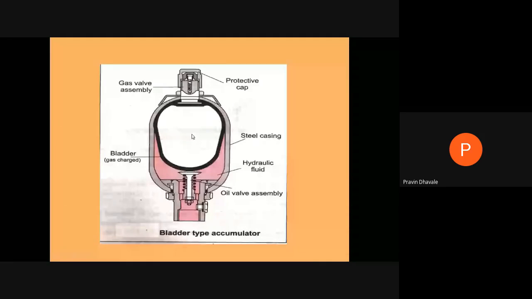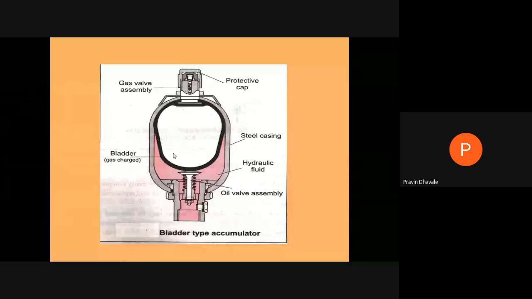When we supply the fluid from the pump, it passes through the oil valve assembly, fills the space and pushes the bladder upward. But the bladder is filled with pressurized gas, so against that pressure we supply the fluid, and the bladder exerts pressure on the fluid coming from the pump into the accumulator.